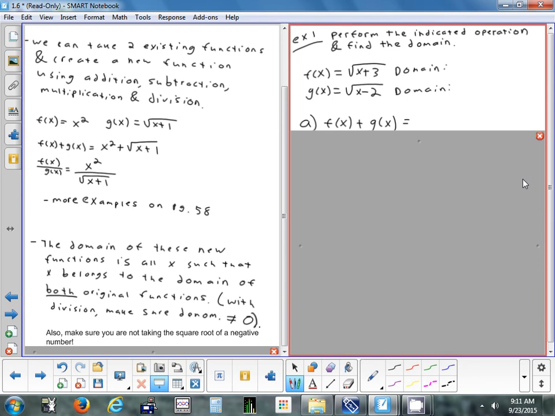So with the square root of x plus 3, what kind of numbers could I pick for x? 3 would be one number I could pick. What kind of numbers can I pick? Anything from this number and up. Anything from -3 and up.